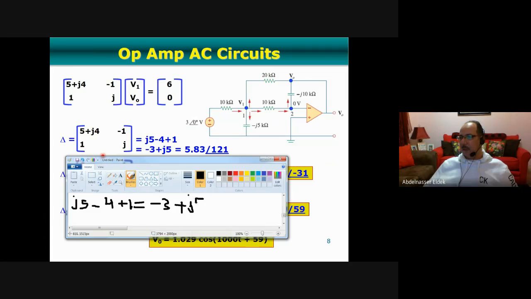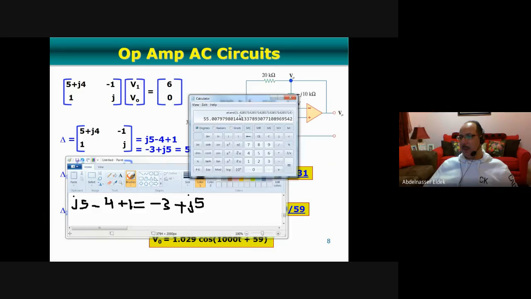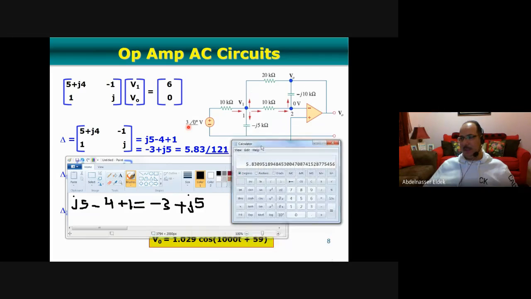Okay, converted to amplitude and phase, then actually you have 3 squared, which is 9 of course, plus 5 squared, which is 25, equal 34, and take the square root, to the power of 0.5, equal 5.8, almost 5.83. Here it is.